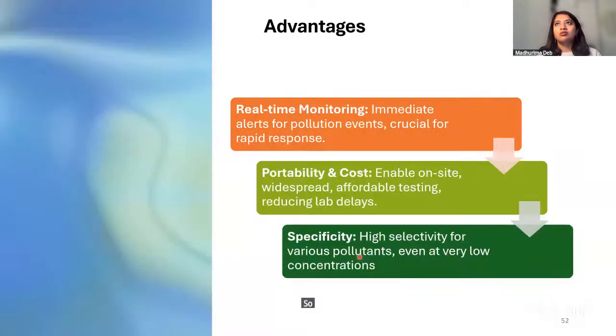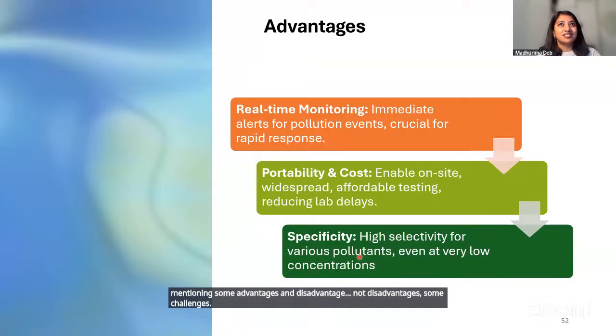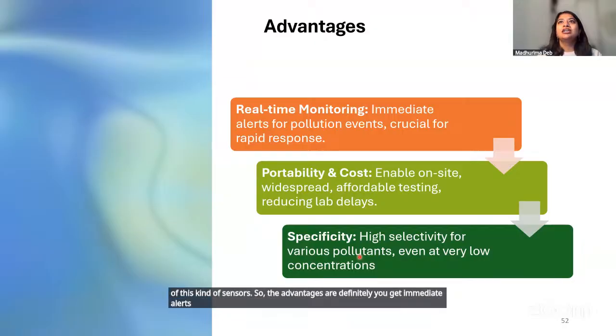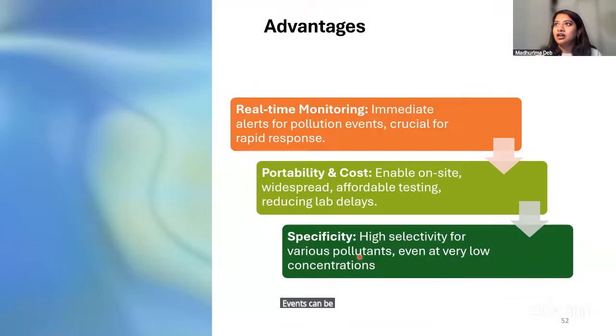So, now I am almost towards the end, and I would like to conclude by mentioning some advantages and some challenges of this kind of sensors. So the advantages are definitely you get immediate alerts, pollution events can be easily sent to you.